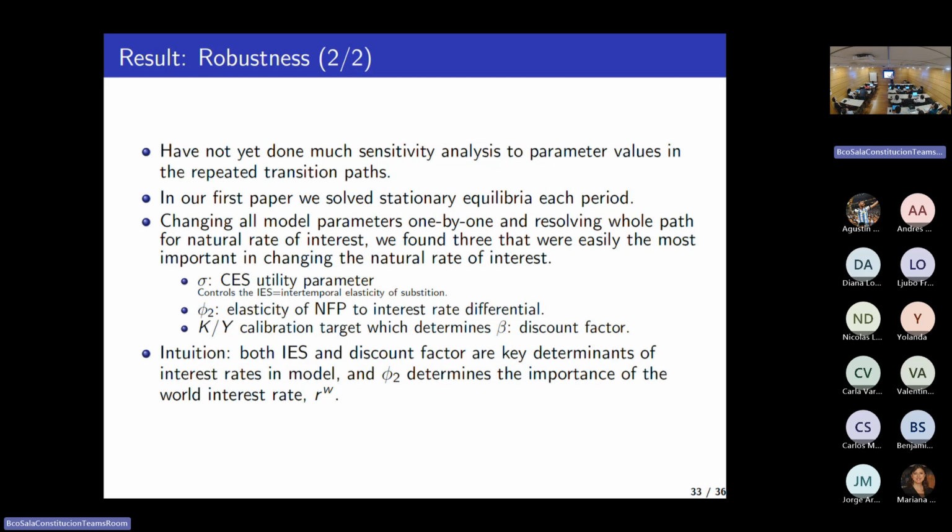But a reasonable change in the beta for a reasonable change in K over Y. And that was also important. Okay, so if we were to change any of these 3 parameters in the model, that path would look a bit different. It's not going to say that the drivers are necessarily different in their importance, but the actual path that we get will change a bit.